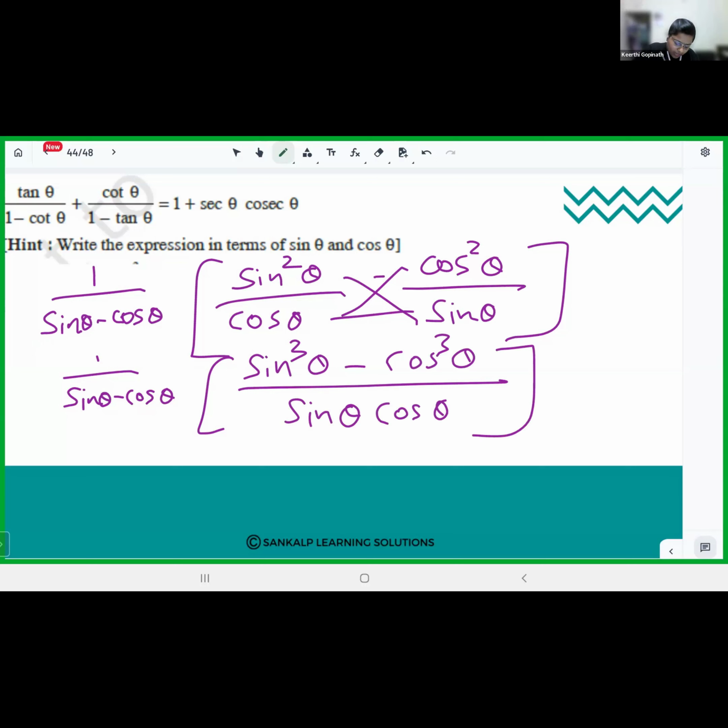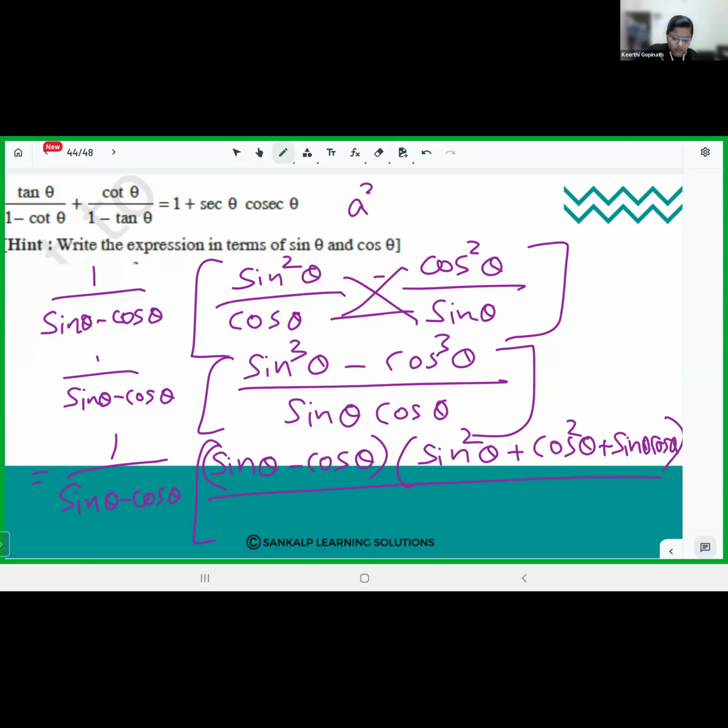So we can write this as 1 by sin theta minus cos theta into sin theta minus cos theta, that is a minus b, into a square sin square theta plus b square cos square theta plus ab, that is sin theta cos theta. So I have applied the identity a cube minus b cube is equal to a minus b into a square plus b square plus ab. Here a and b are sin and cos respectively.